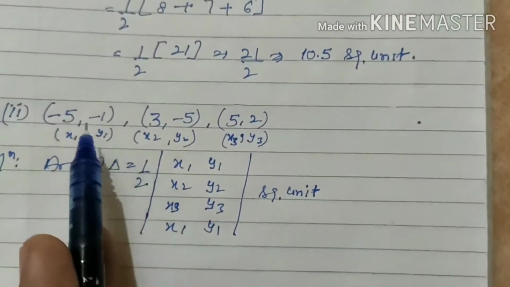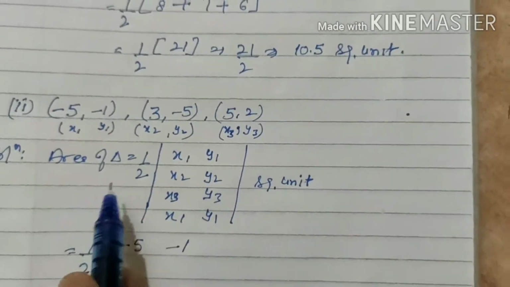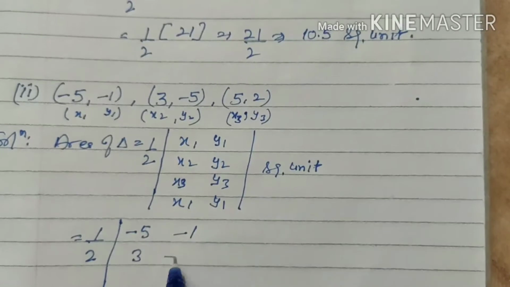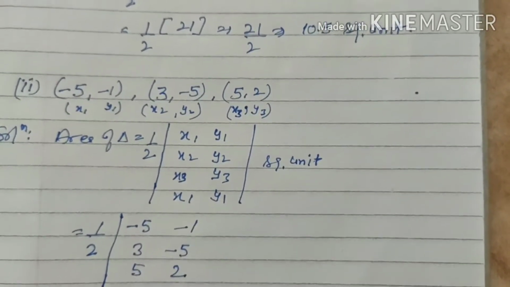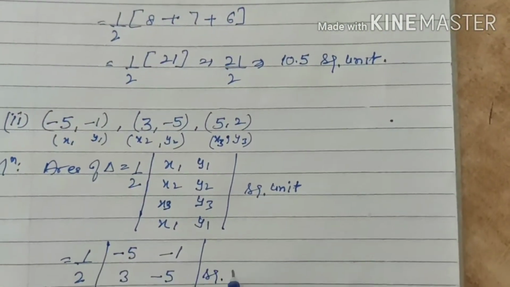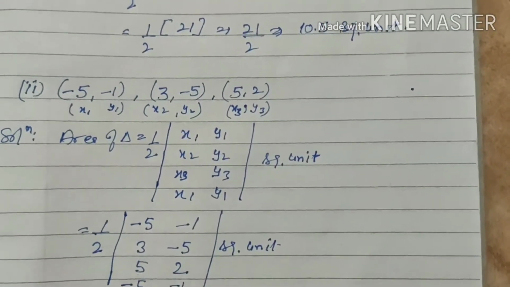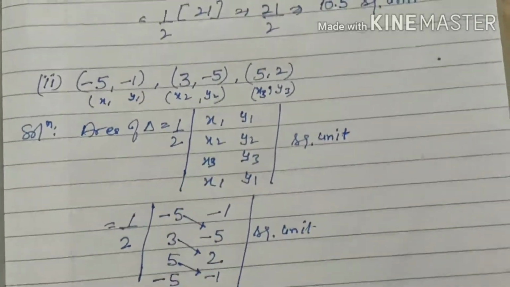So x1 we have as minus 5, y1 is minus 1, next x2 is 3 and y2 is minus 5, then 5 and 2 for x3 and y3, and repeat x1 and y1 in the last row, square units. Now, as we already discussed, multiply downward first and then add them.